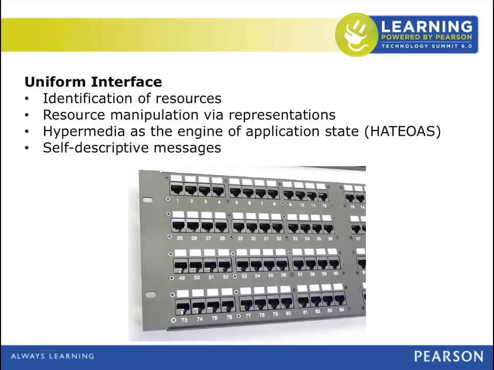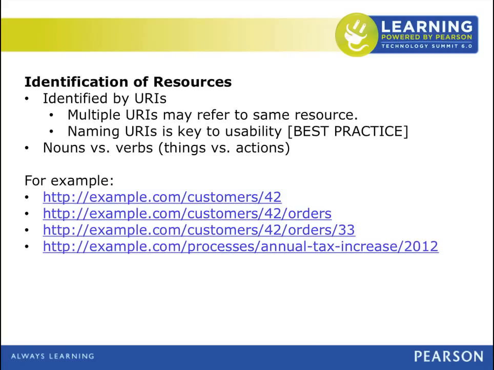Let us go on. So identification of resources. You'll notice that I used the example in the comic here. So customer 42, the 42 is the customer ID. It's part of the URL. So that's what we'd like to adhere to because that's a formal piece of that URL.